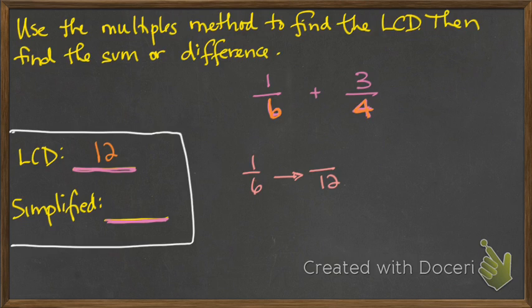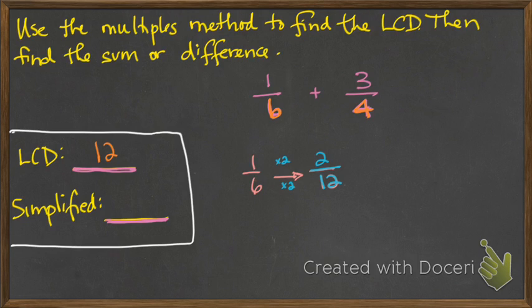I can't just say, I want the denominator to be 12, and I'm just going to change 1 6 to 1 12. No. You need to think, okay, if I want the denominator to be 12, what do I multiply 6 by to make it 12? 2. I'm multiplying it by 2 to make it 12. So if I multiply the denominator by 2, I have to multiply the numerator by 2 as well. So 1 6 is the same as 2 12s.